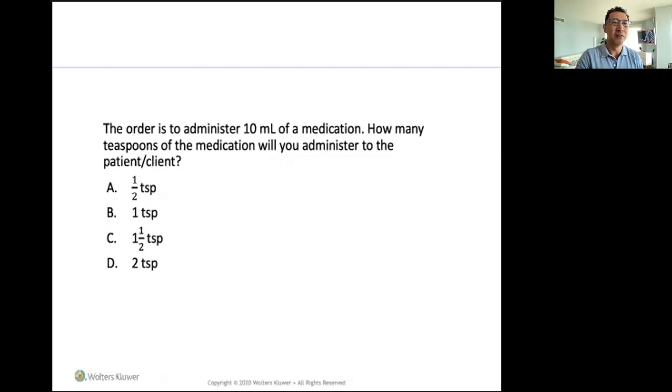Are you going by default with answer D, 2 teaspoons? Mariah says 2. 2, 2, 2. So there's that. I know it looks simplistic, but remember, I'm setting you up. Know this. 2 is correct.